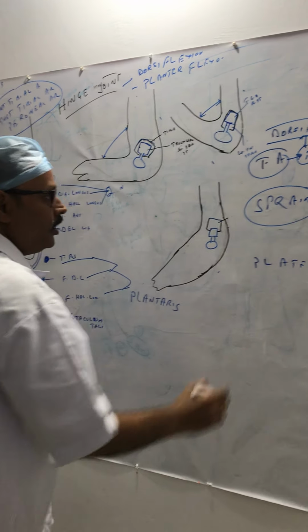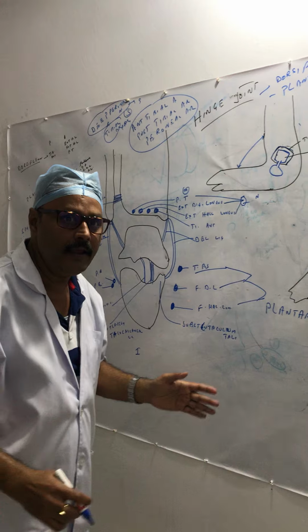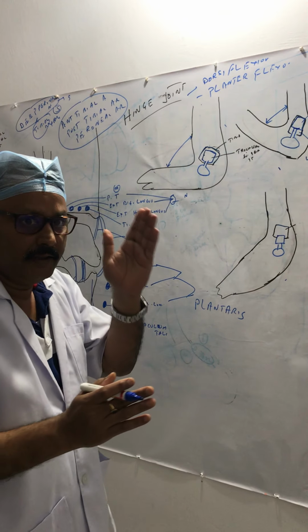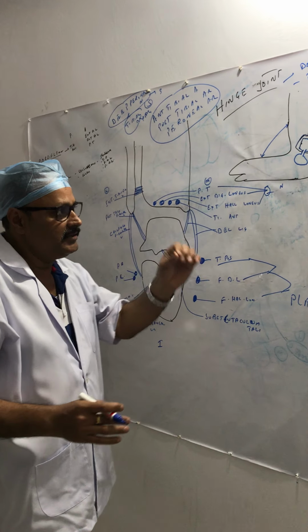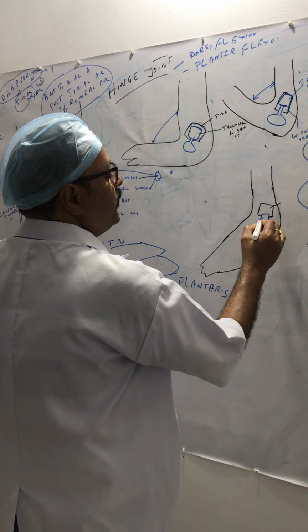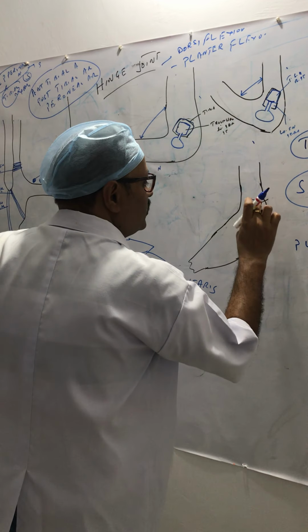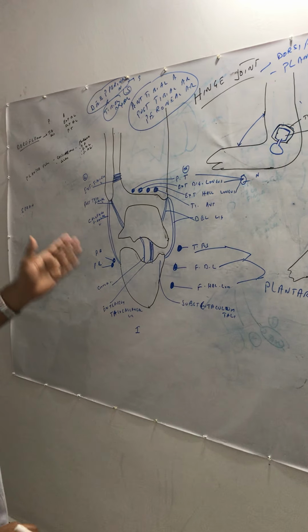In the outdoor clinic, if 10 persons come with a sprain, 9 out of 10 will have a sprain of the ankle joint. So sprain of the ankle joint is so common.